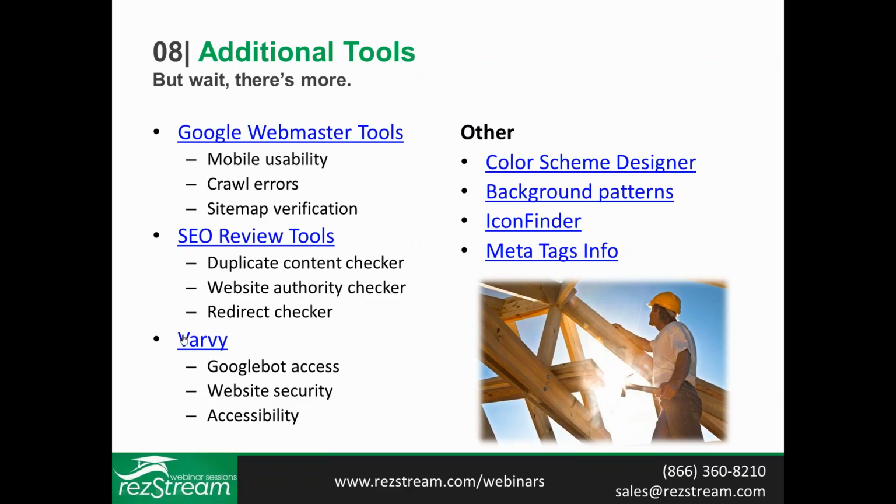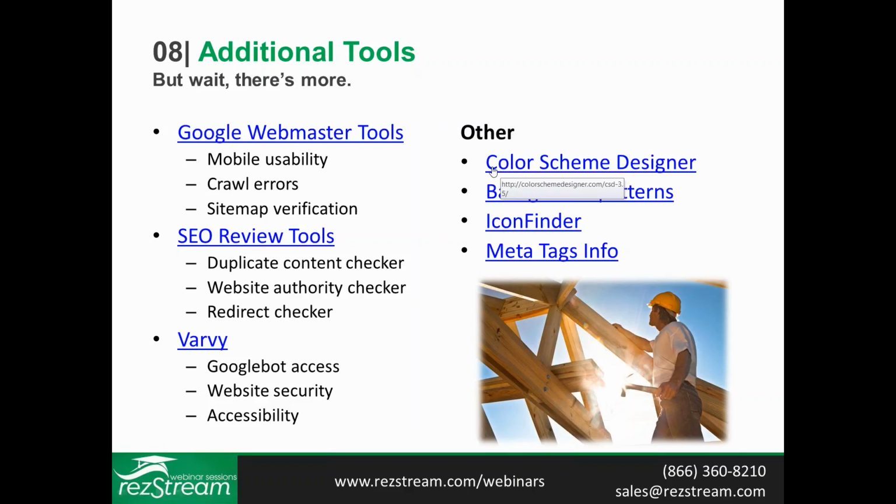And then we also have another website here with a handful of various testing tools to see if Google is able to access your website with their Googlebot, verifying the website security, whether you are using SSL, HTTPS or not, and then some general accessibility things as well.